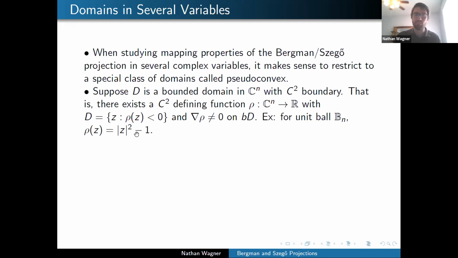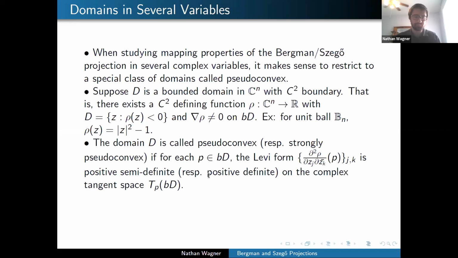And so inside the ball, this is going to be negative, right? And so that would give us the ball.